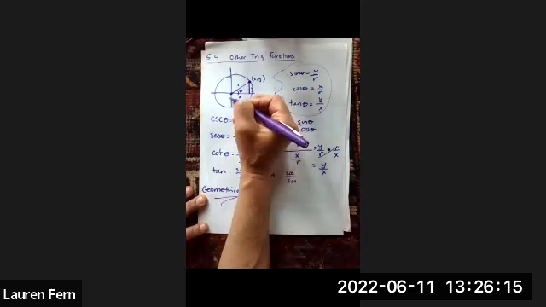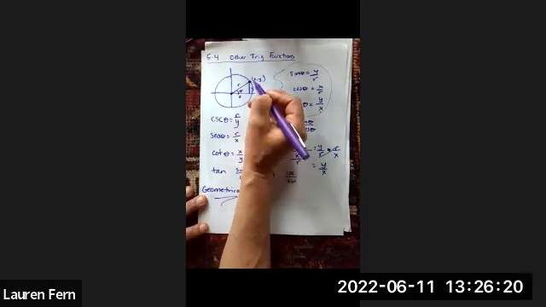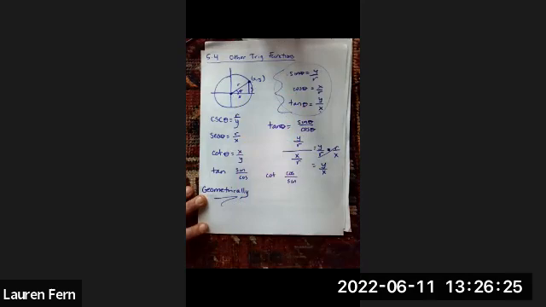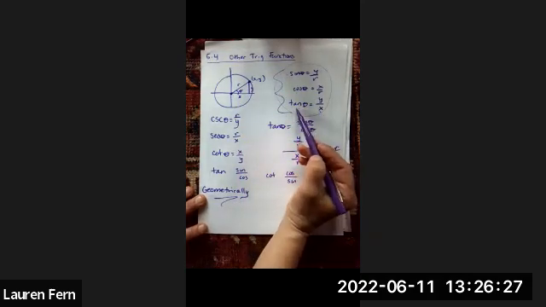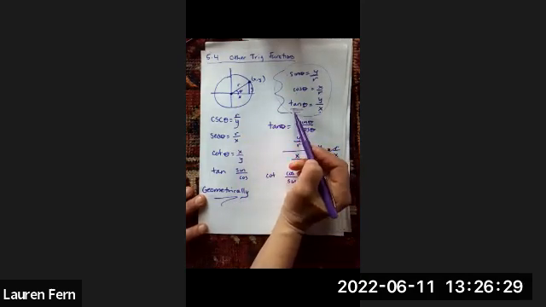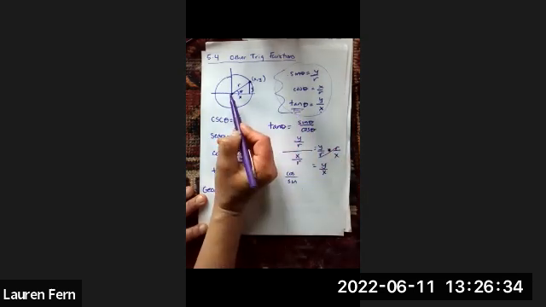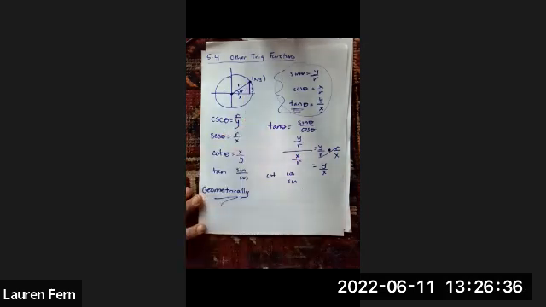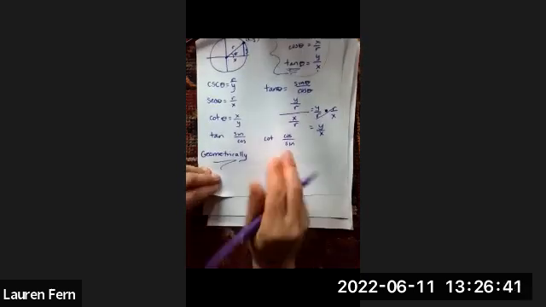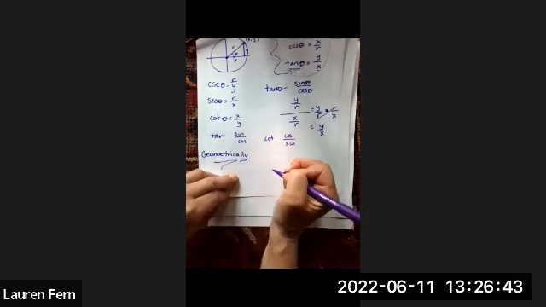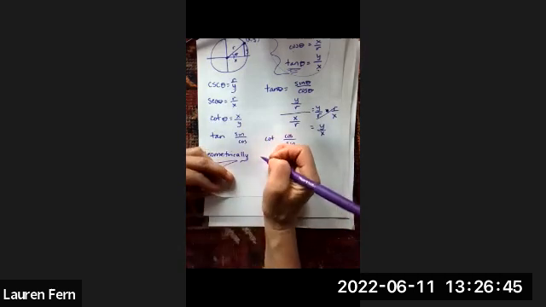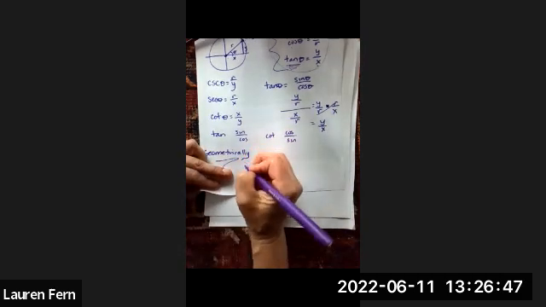If I wanted to find the slope of the line, it's the change in y values, so y minus 0, which is y, over the change in x values. So the definition of the tangent function corresponds to the slope of the line from the origin to that point. That's pretty darn cool. You'll remember that when you get to calculus.